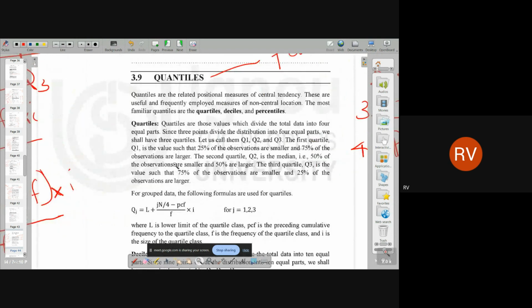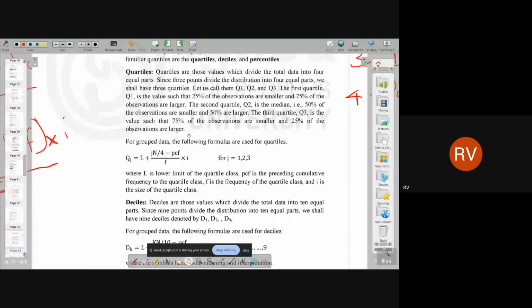That is quartiles: the given data is split up into 4 parts, Q1, Q2, Q3.